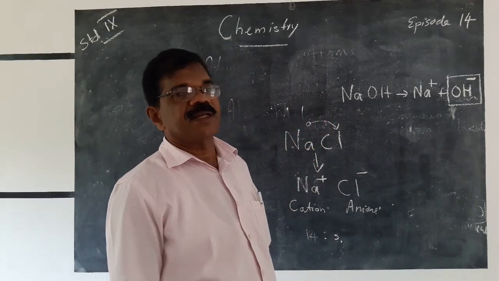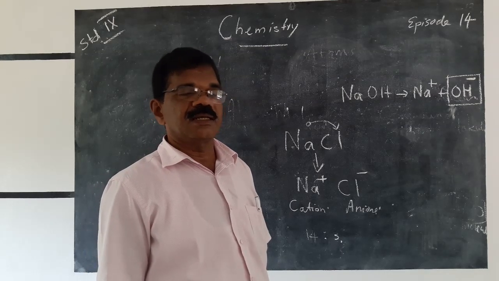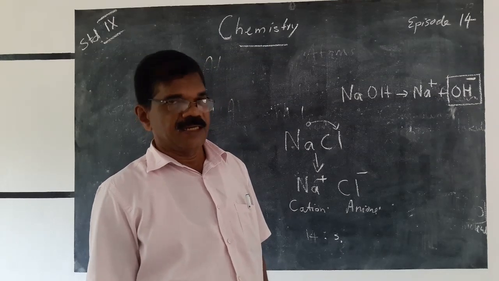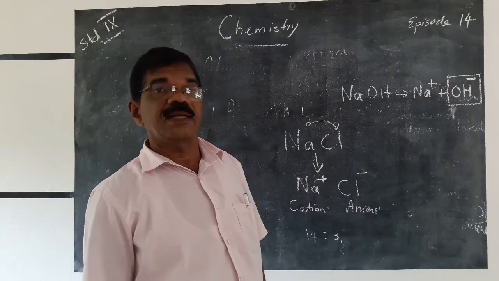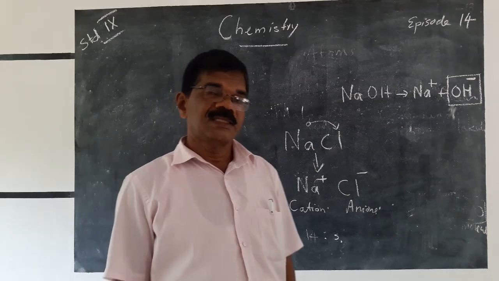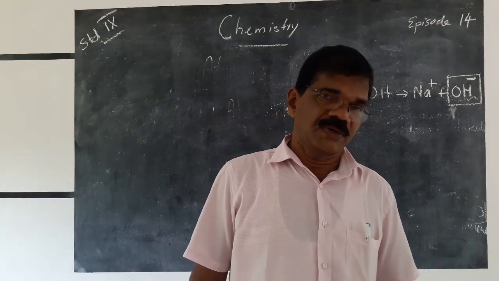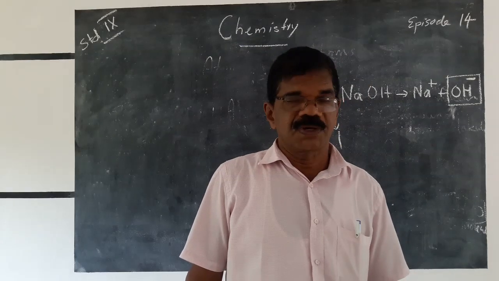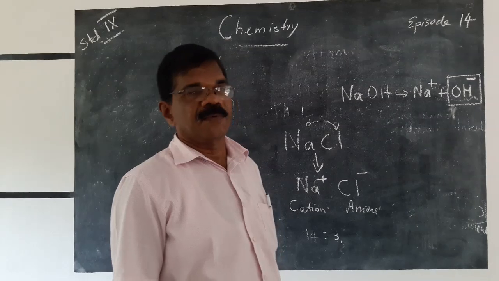Elements can be classified into monoatomic, diatomic, triatomic, tetraatomic and polyatomic. Then the molecules of a compound, and ions. Ions means charged species. If a single atom is charged, it is called an ion. If a group of atoms is charged, it is known as polyions.